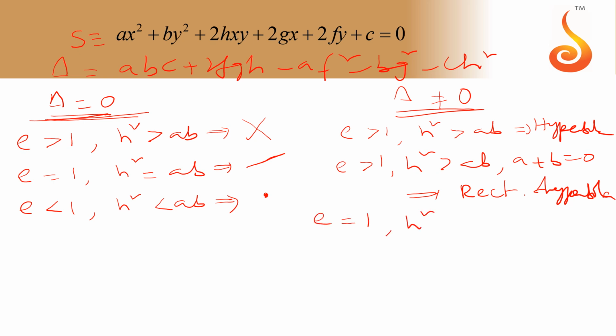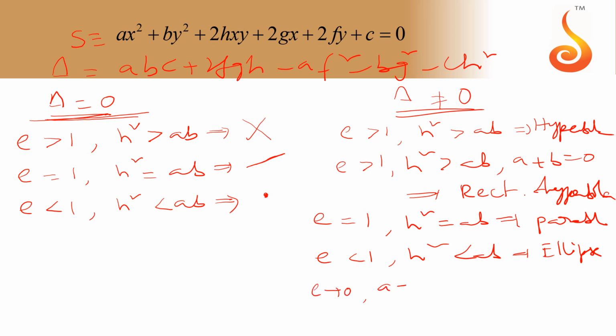E equal to 1, h square equals ab, it is a parabola. E less than 1, h square less than ab, ellipse. E tends to 0, a equal to b, h equal to 0, this is a circle. For a circle delta is not equal to 0, but for a point circle delta will be 0. So these are the different conditions for what locus S equal to 0 represents.